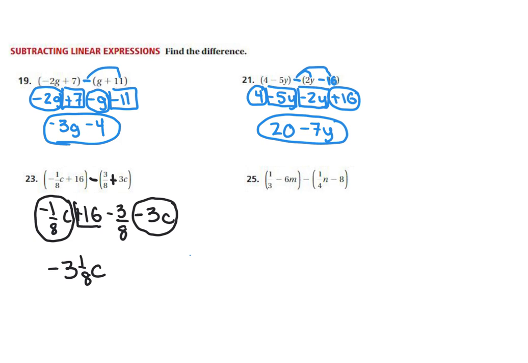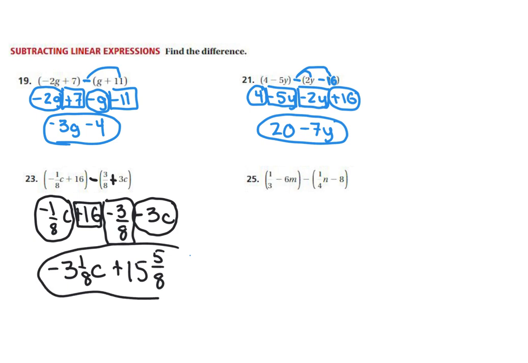And then I have 16 minus 3/8, so that's going to be positive 15 and 5/8. So for number 23, we have negative 3 and 1/8 c plus 15 and 5/8.